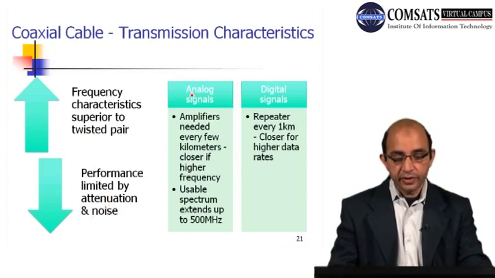If we have analog signaling and we are using coaxial cable, amplifiers are needed after every kilometer, right? And the spectrum is close to 500 megahertz. For digital signaling, repeaters are again required for every kilometer.